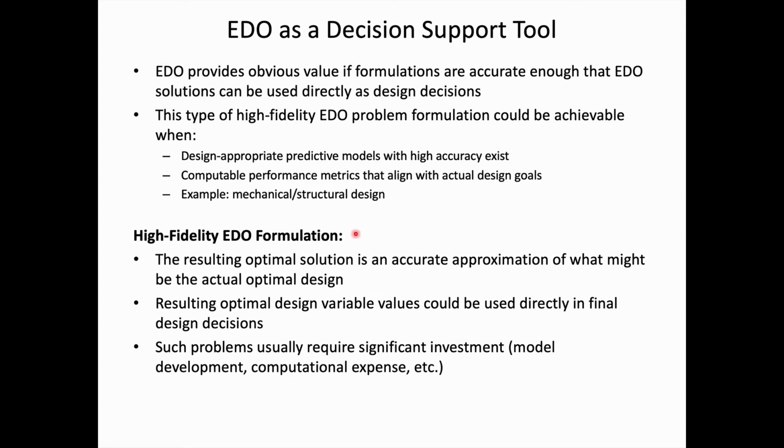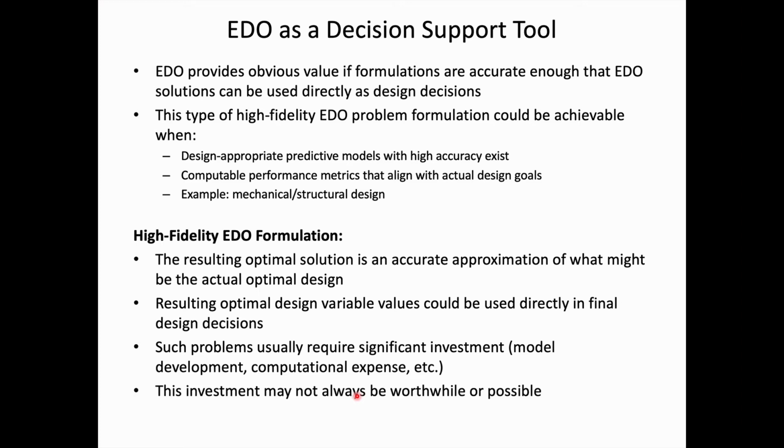Models and overall design optimization efforts that achieve this level of high fidelity usually require very significant investment. For example, investment in model development and computational resources as well. We have to make a case for whether this level of investment is worthwhile.